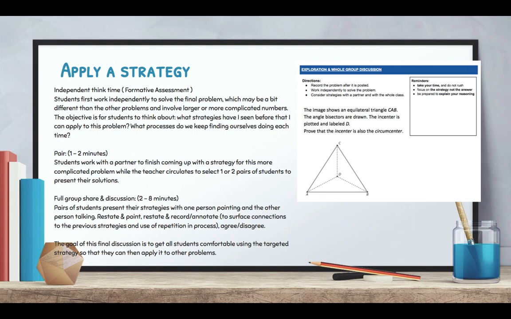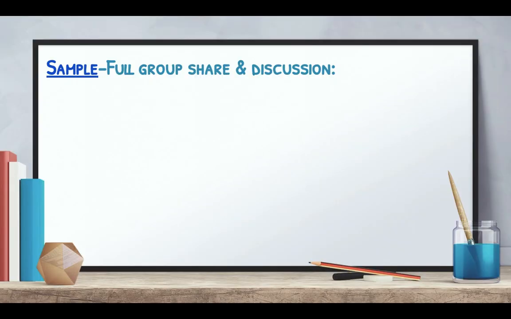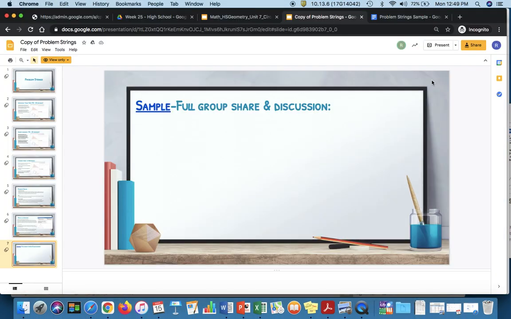So again, a little bit different in the digital world, but we can have students work together to present in the digital world. And the goal of this final discussion is to get all students comfortable using targeted strategies so they can apply it to other problems. And the last part here is one more writing strategy that could be used.